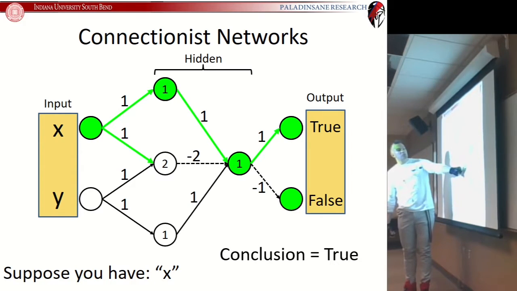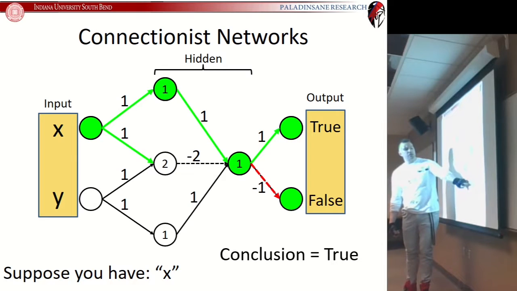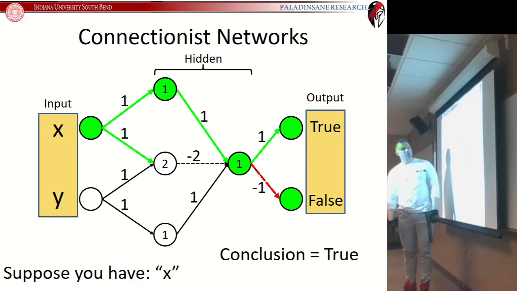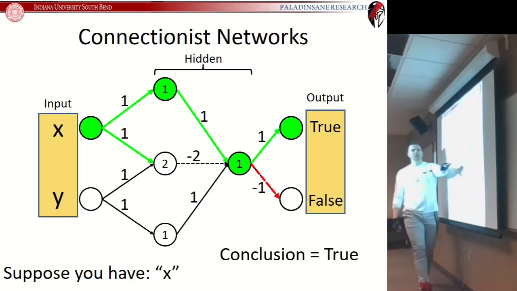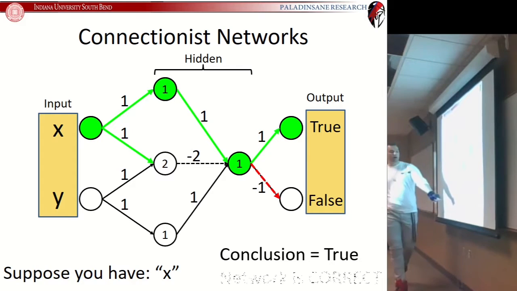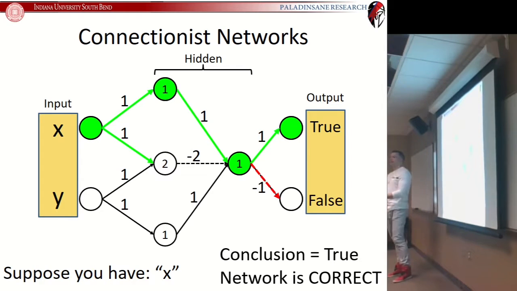It also sends 1 unit of negative activation down here to false, turns off that unit. And you can see that through the connections and through the weights, we end up with the correct result, that it actually is true. When we have X, it pops up as true. The network, in this case, made the correct decision.